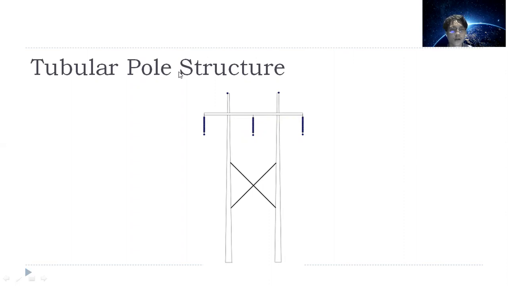Still, tubular pole structures have been used quite successfully by some power companies for high and extra high tension transmission lines. The installation of this structure is costly, but requires less time.